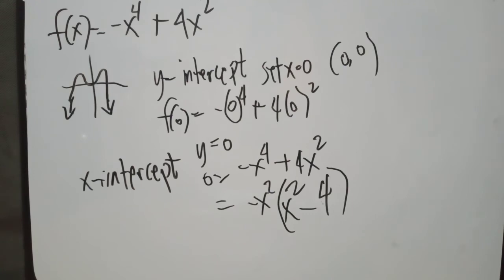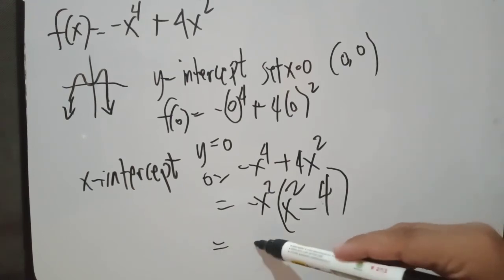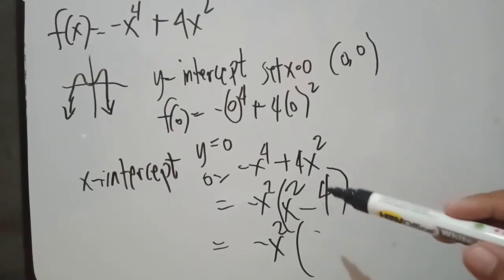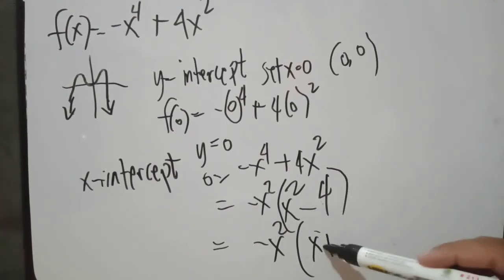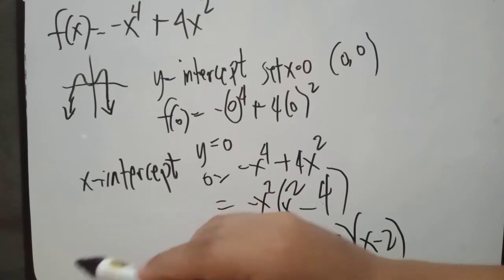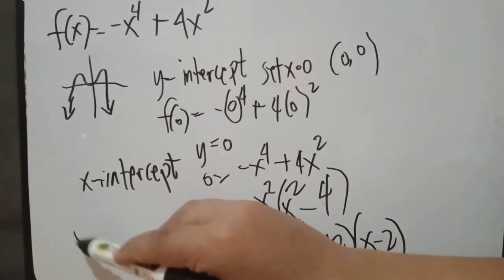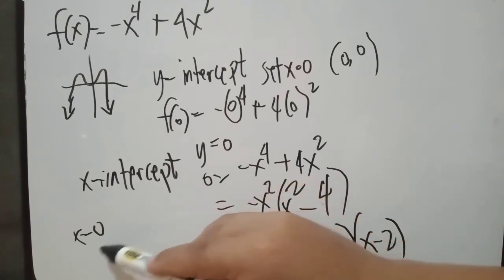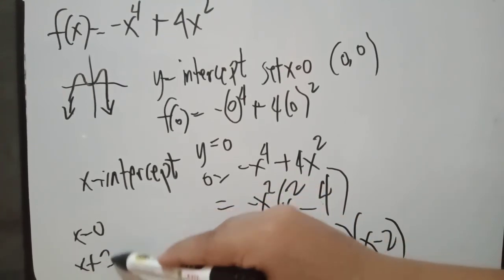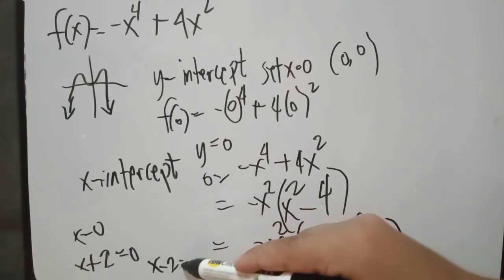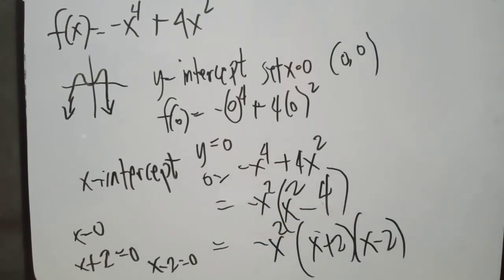Now let's simplify. Negative x squared times the difference of two squares, so we have x plus 2 and x minus 2. Equating each to 0, x equals 0, x plus 2 equals 0, and x minus 2 equals 0.